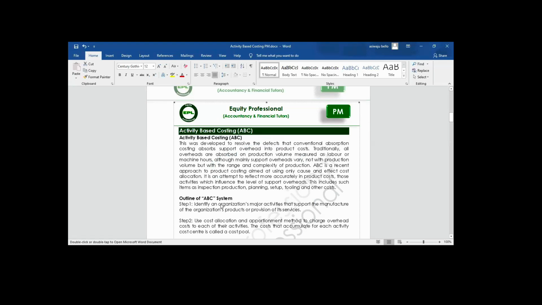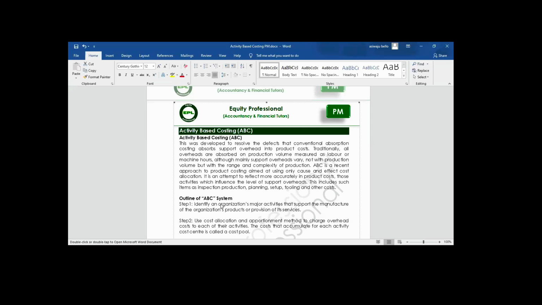Traditionally, all overhead costs are absorbed on production volume, measured by labor hours or machine hours. And in reality, several factors have contributed to the overhead cost.